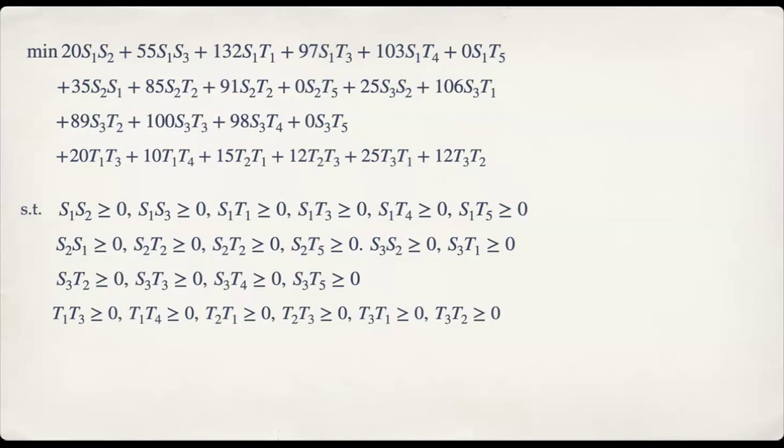Also, S1, T1 represents the amount of goods we ship from S1 to T1, like that. So we sum all possible shipment routes.